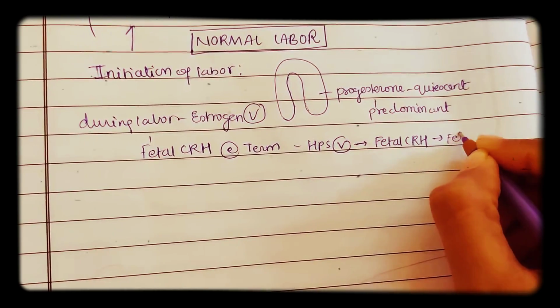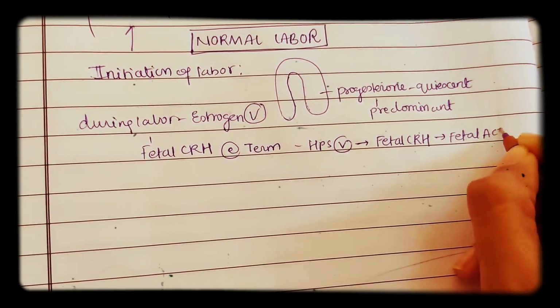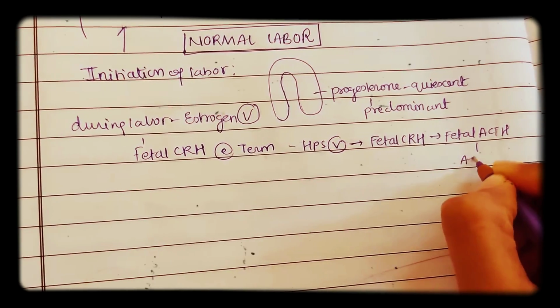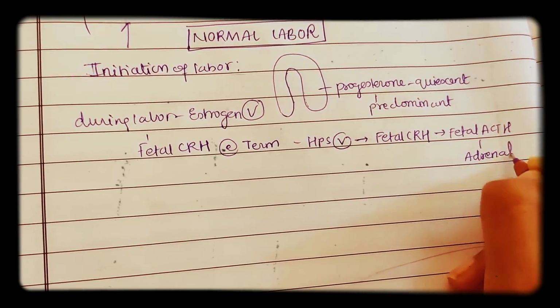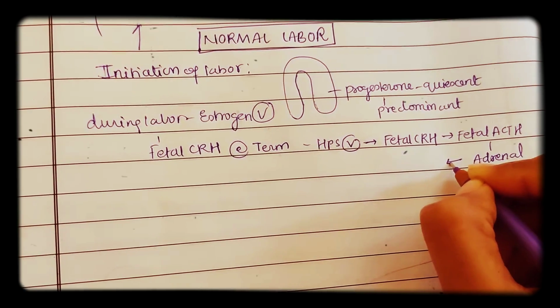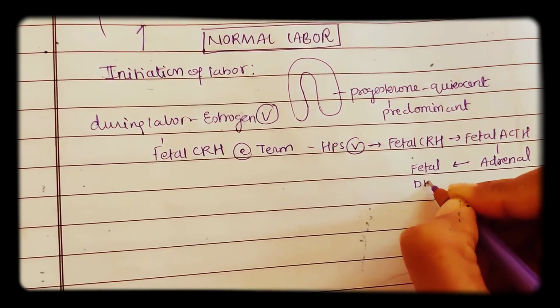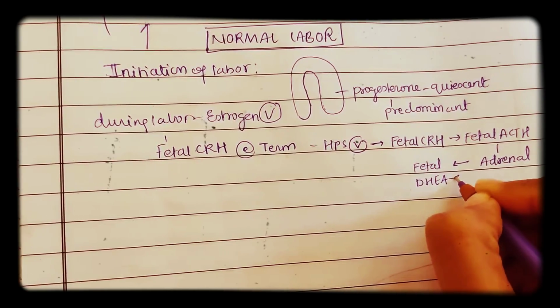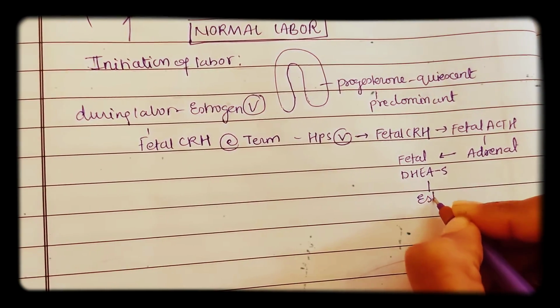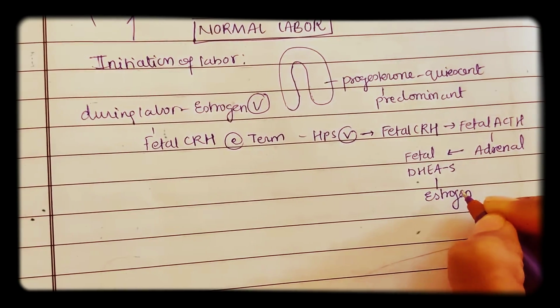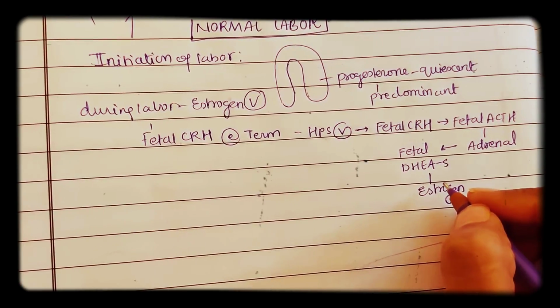The pituitary starts releasing fetal ACTH, which acts on the adrenal glands of the fetus, and the main product is fetal DHEA sulfate. This leads to formation of estrogen, and this estrogen will initiate labor.